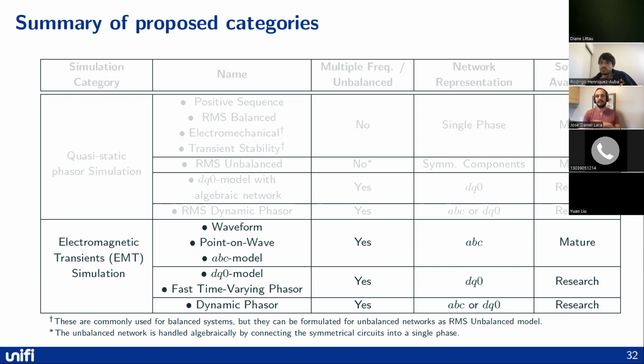There's a lot of theory and a lot of analysis when you come to the EMT simulation of devices, but in the case of the system level, one of the important aspects is how much energy is actually being transacted, so to speak, across the system, and how much these simplifications actually affect that energy balance, right? And in that sense, simplifications like using a reduced number of harmonics or using a DQ0 model can still be representative for engineering purposes of the state of the system beyond the quasi-steady state assumption.